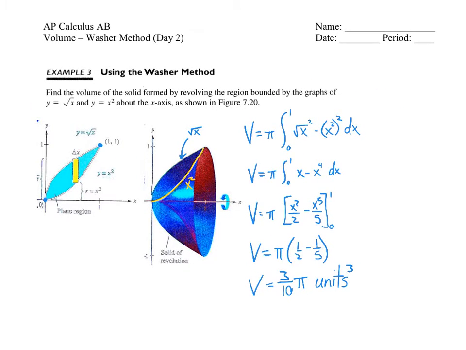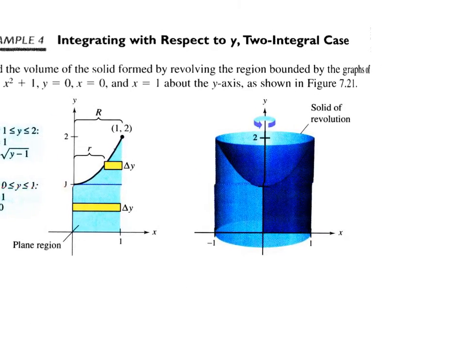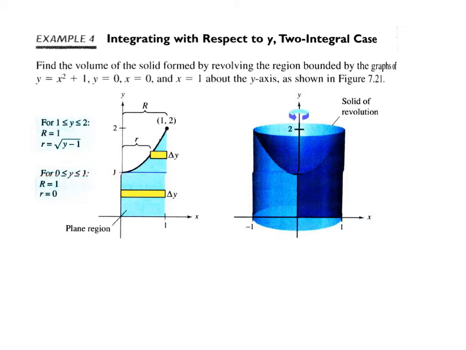Okay. Here are some kind of different looking ones though. All right. This one presents us with an issue where we have two different functions that we've got to deal with. Notice here, we're going to revolve this y equals x squared plus 1 around the y-axis.